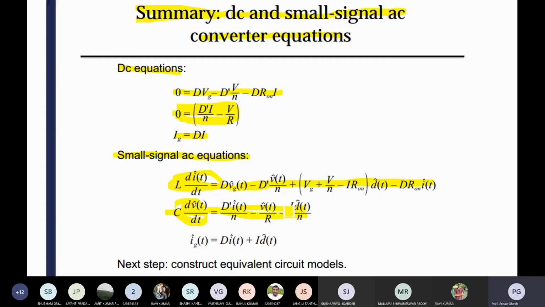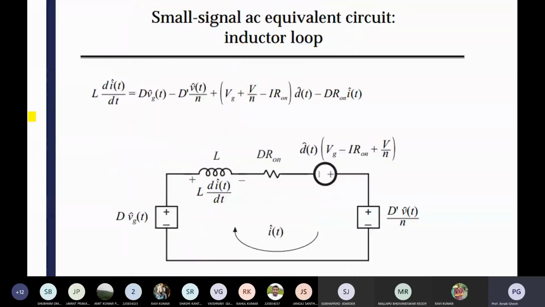Next are the small signal equivalent circuit models. From the small signal AC equivalent circuits, boost, buck-boost and buck have all been discussed, so now the same method can be used for the flyback converter. Here the source voltage is fixed, so there is no changing of that voltage, but the duty is changing.